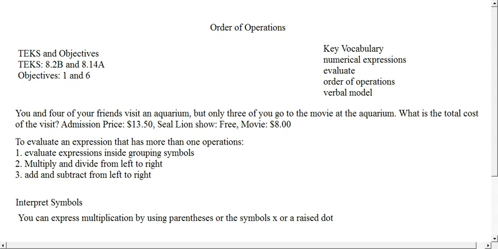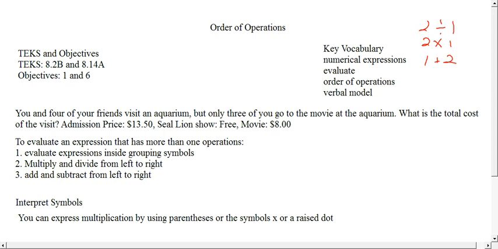A numerical expression is simply, if I were to write 1 plus 2, it is just numbers and an operation. We can write 2 times 1, and that is a numerical expression. We can write 2 divided by 1, and that is a numerical expression.